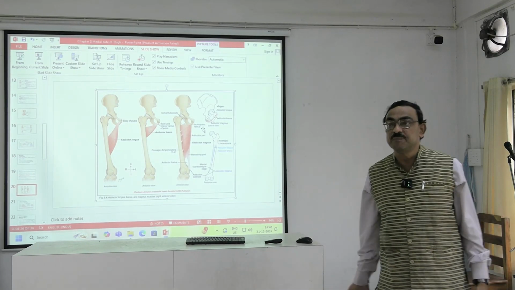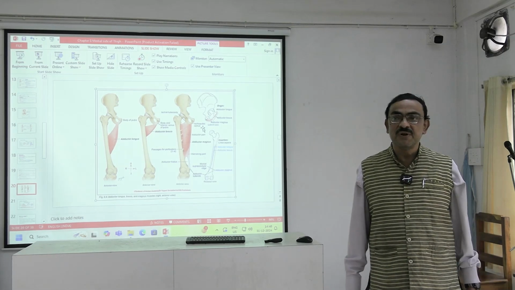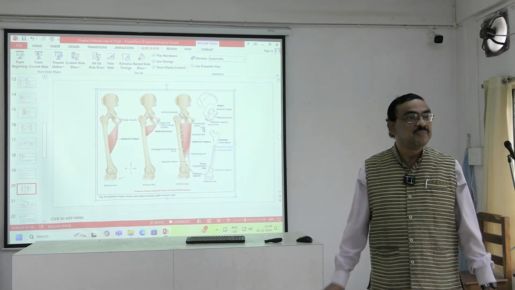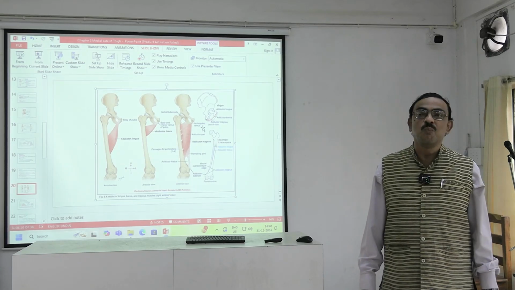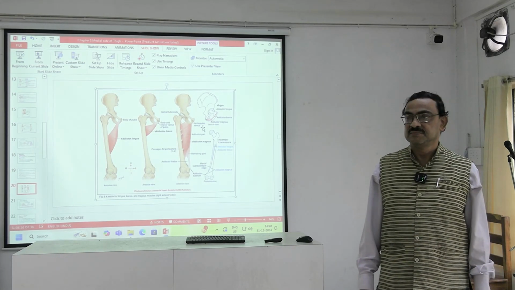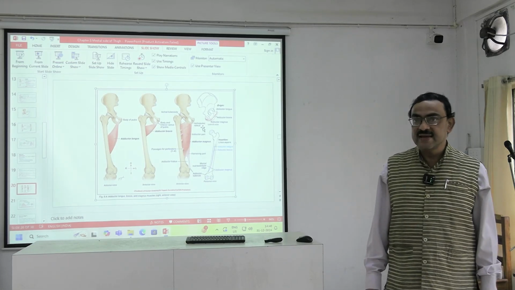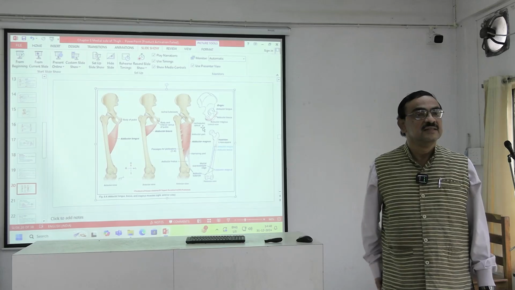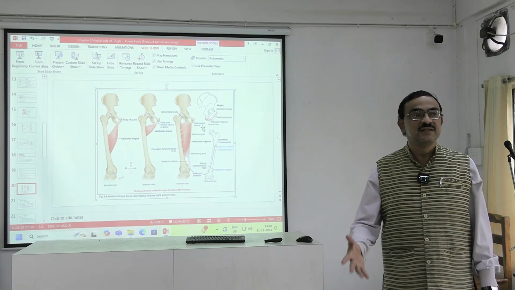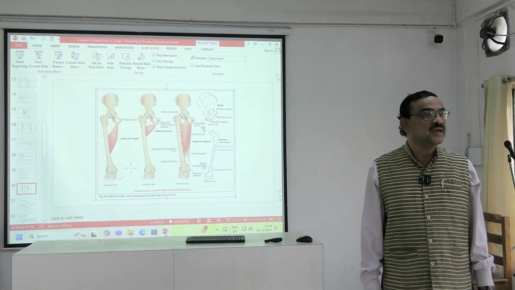Hamstring group of muscles are present on the back of the thigh, like semimembranosus, semitendinosus, biceps femoris. They have some common characteristics. They extend the hip, flex the knee, are supplied by the tibial component of the sciatic nerve, and take origin from the ischium.